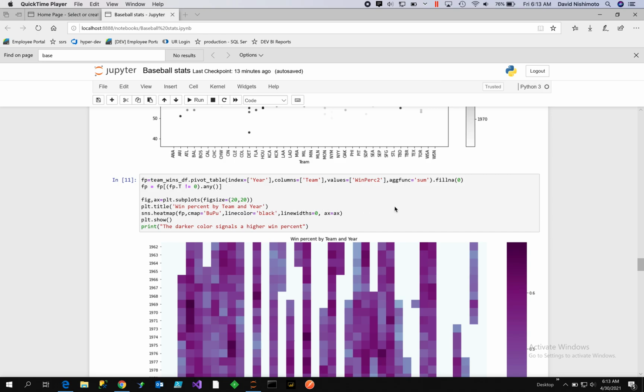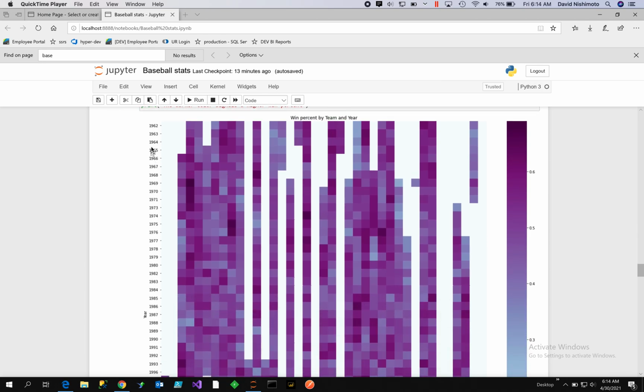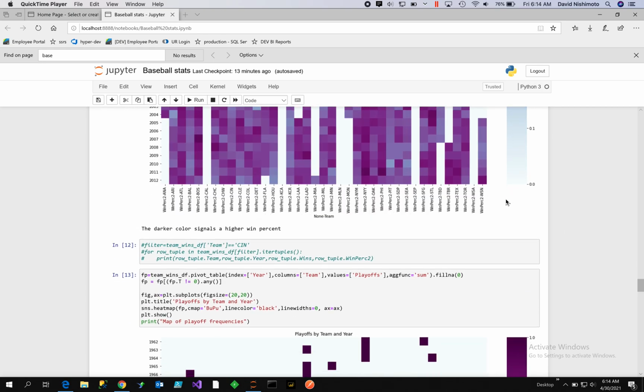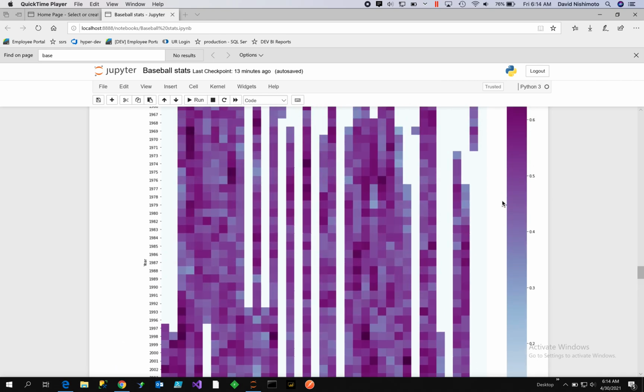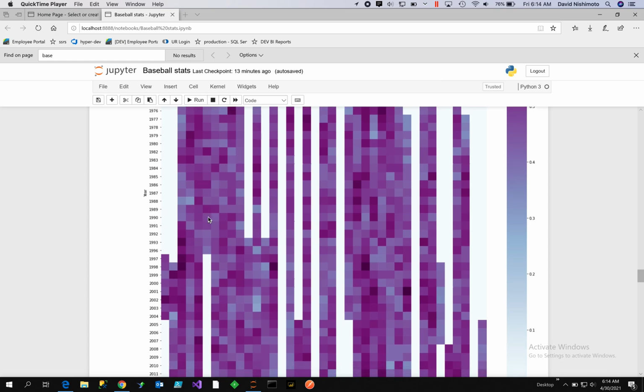So that gets rid of all the nulls because nulls skew us out. And then we'll plot the win percent by team and year. Okay, so down the left side we have the year, and then we have the teams going across the bottom, and then our win percent is showing how they're doing per year.